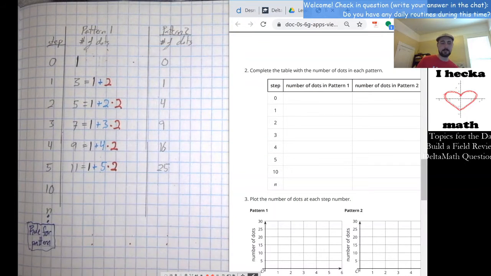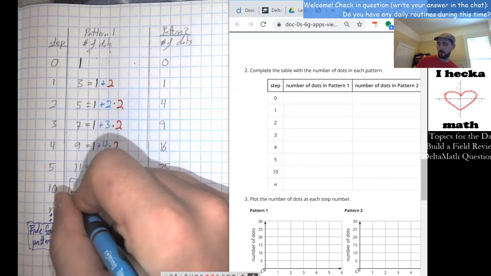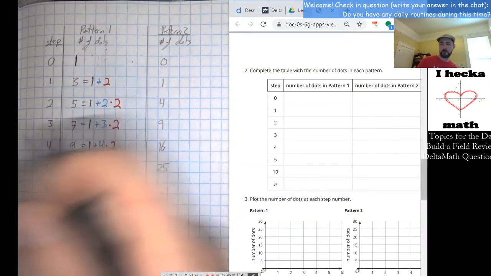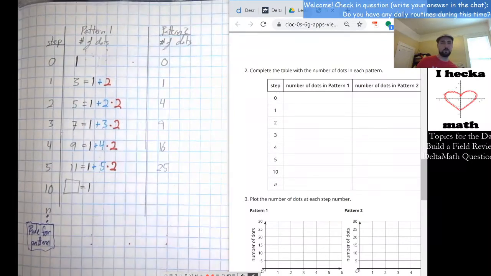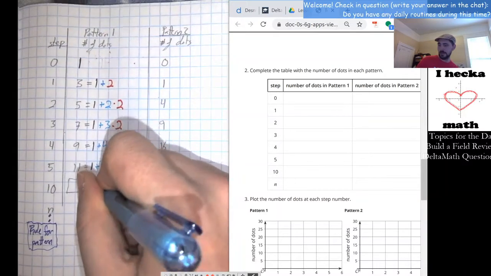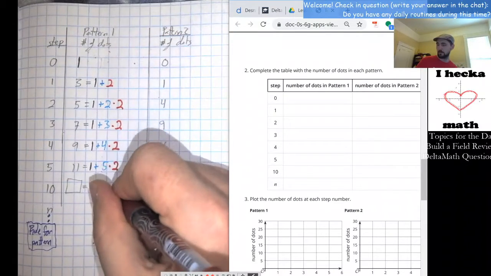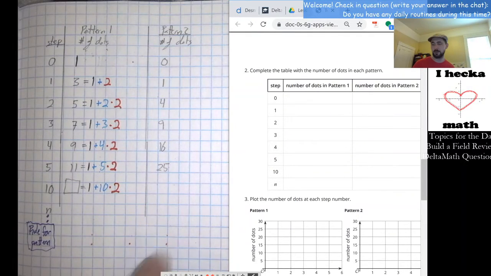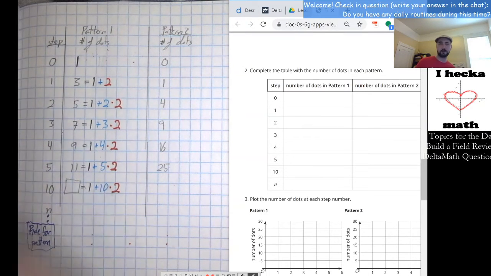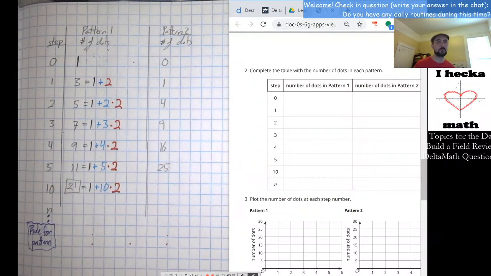So if we look at step 10, I don't know what the total number is going to be yet, but I do know that to get it, we're going to start with the 1, and we're going to add 10 pairs of dots. And how many is that? So 10 times 2 is 20, plus 1 is 21. So I would expect this to be 21 dots if we did the whole thing.